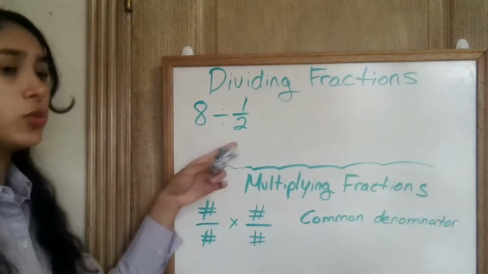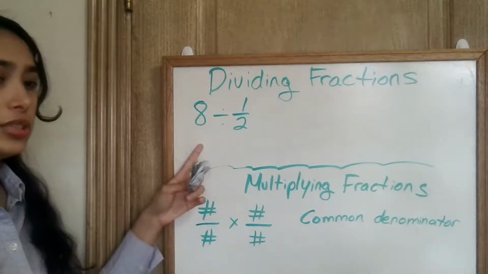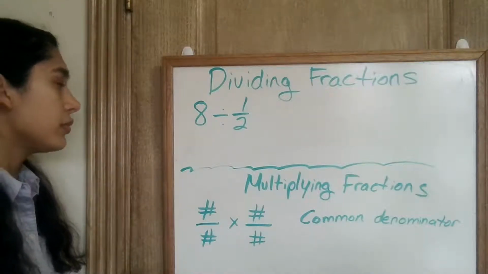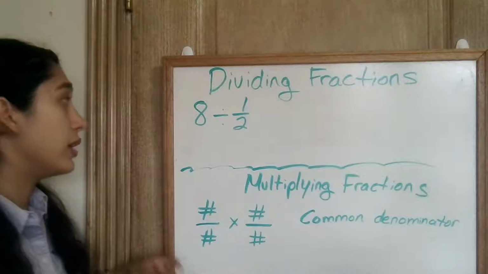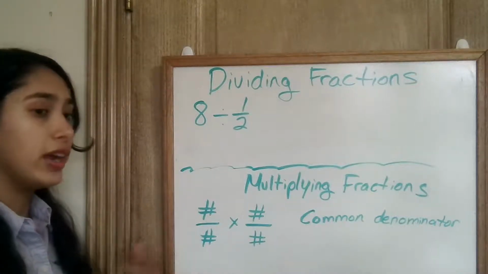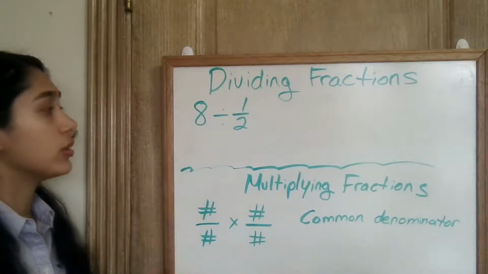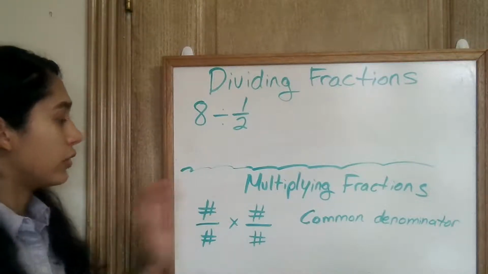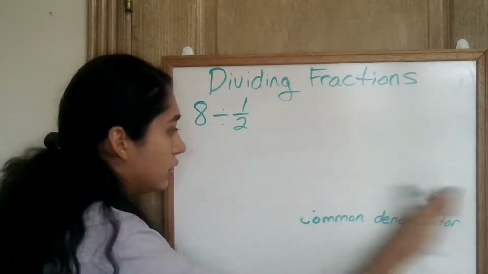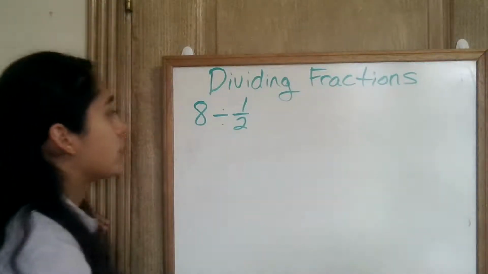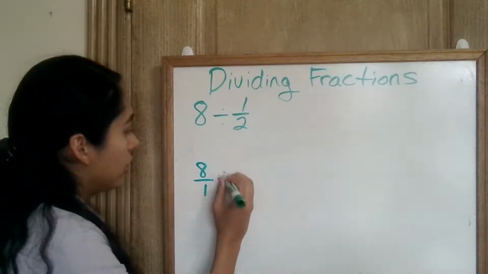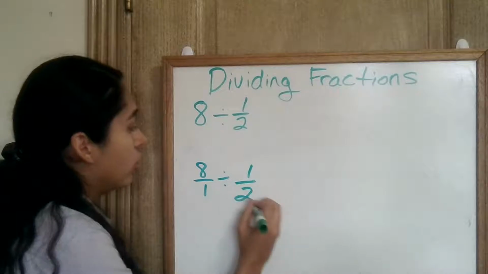Well, okay, I see one fraction, but how is this a fraction? How I had specified previously is when you multiply a number by 1 or divide by 1, you get the exact same number. So I can actually rewrite this problem as 8/1 divided by 1/2.